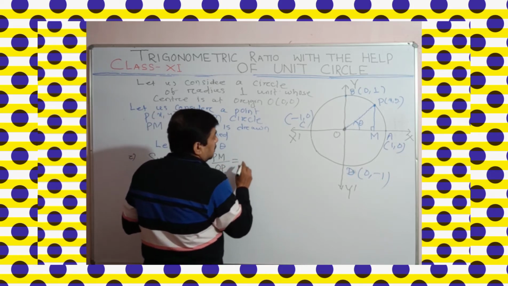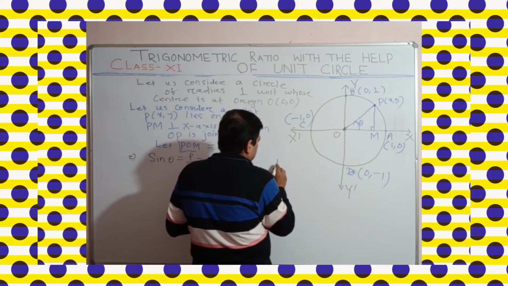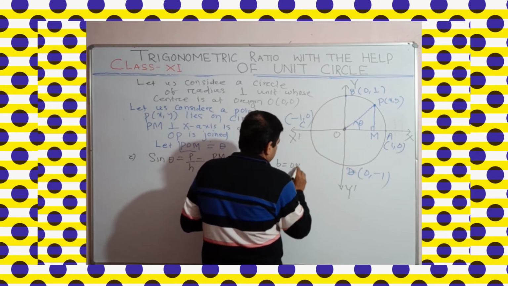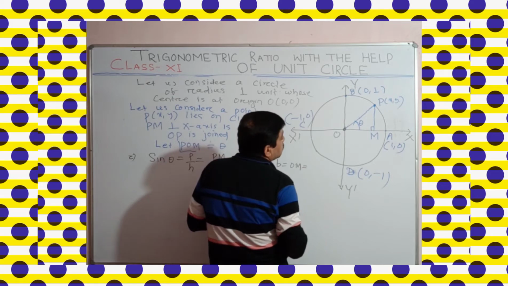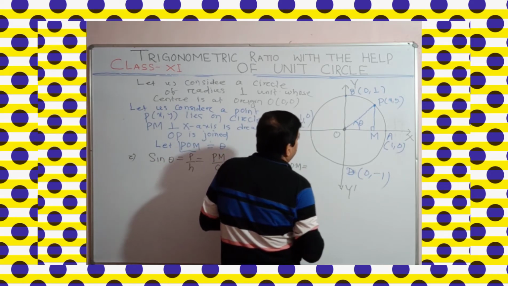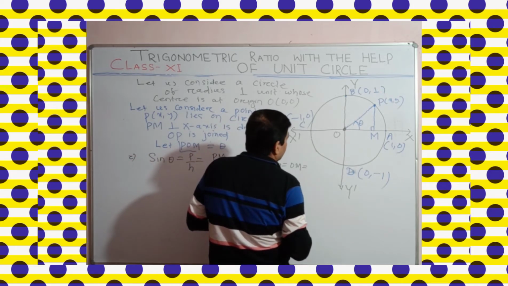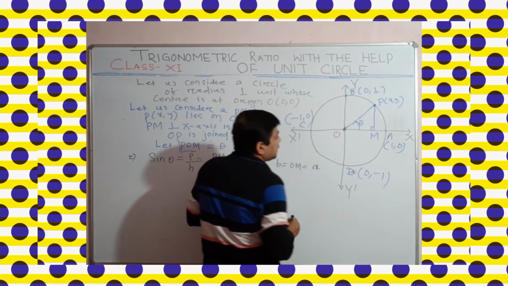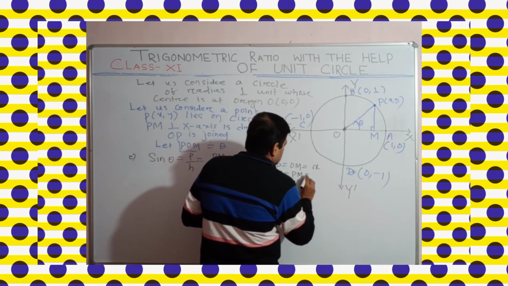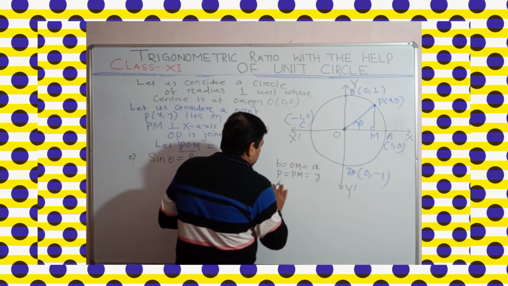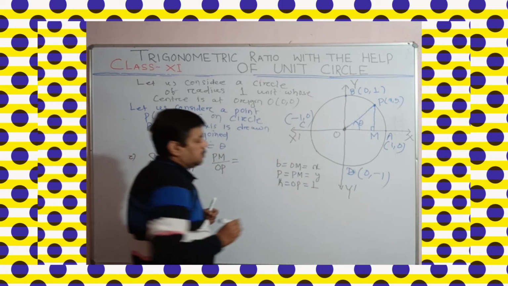Here the base is equal to OM, which is the x coordinate, the perpendicular is PM, which is the y coordinate, and OP is the hypotenuse, whose value is 1, the radius of the circle.